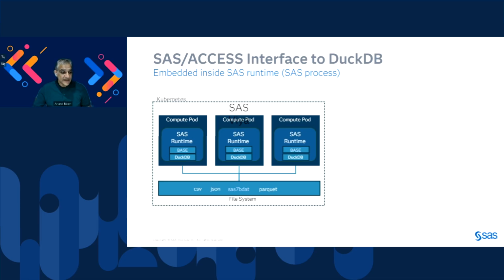And what a DuckDB LIBNAME engine will allow you to do is to read Parquet, JSON, CSV files on the same file system. So once you upgrade your environment from prior to 2025.07 to 07 or later, you automatically get access to DuckDB.